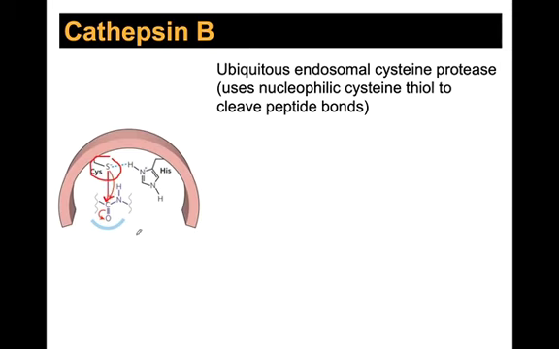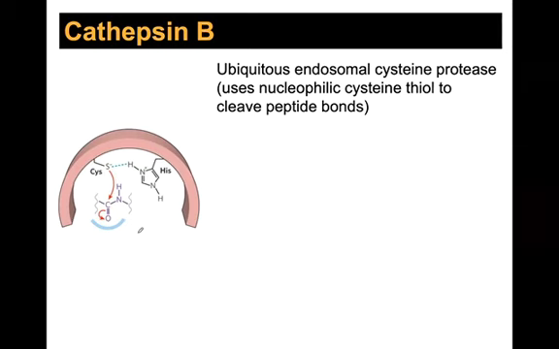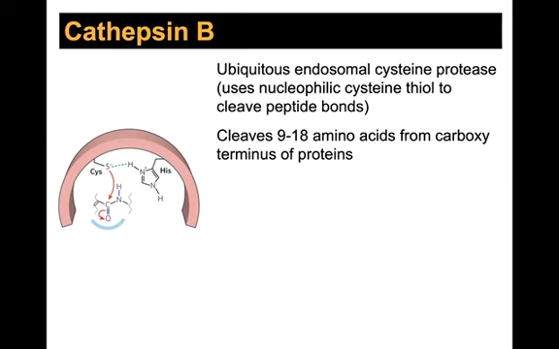Do I care that you have to know the electron transport or the electron attack here? Not really. What I'm more interested in you knowing is that it's cleaving at the peptide bond, so you're actually leaving the N-terminus of the peptide. Cathepsin B is interesting because it typically measures a distance from the carboxy terminus of the protein.